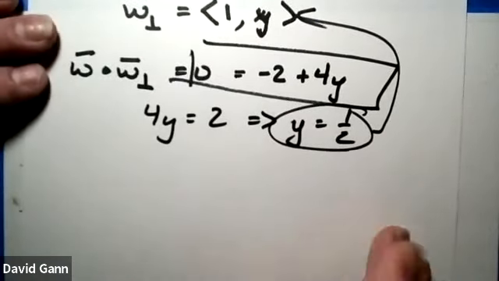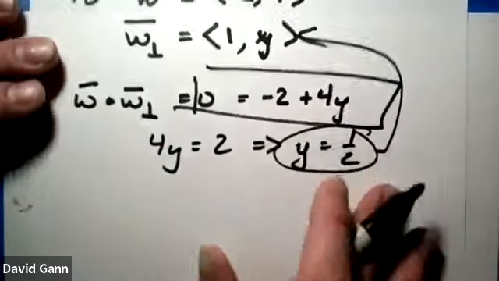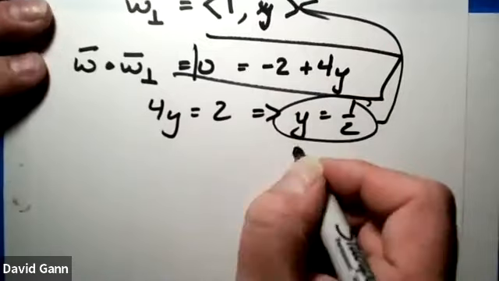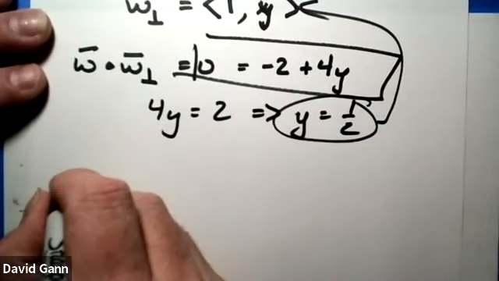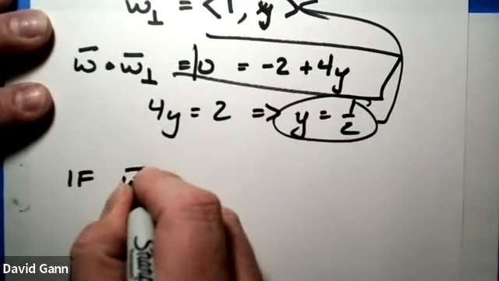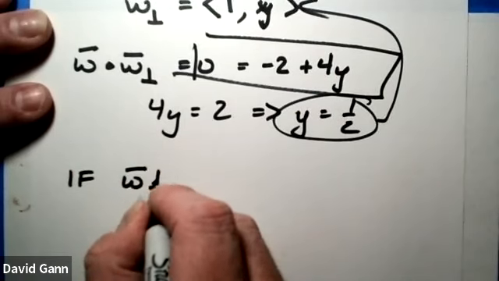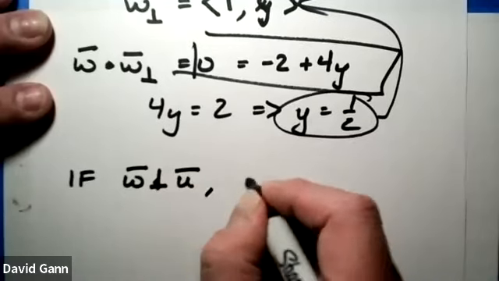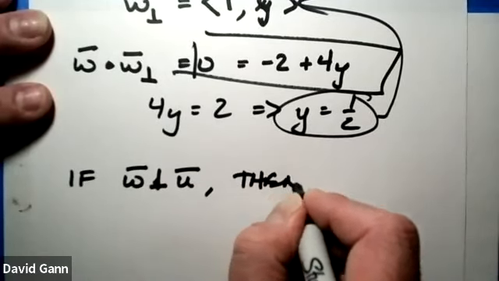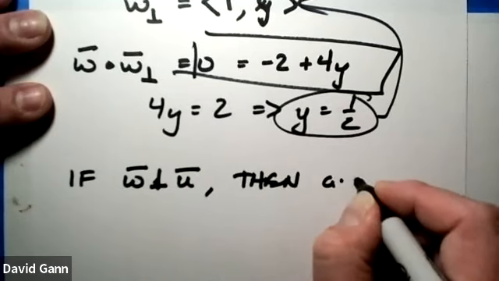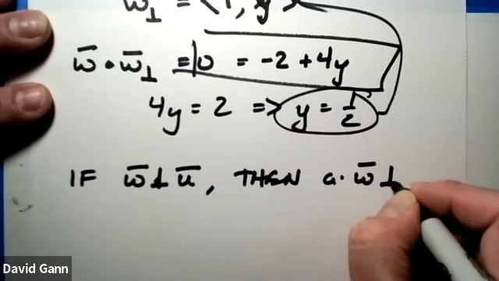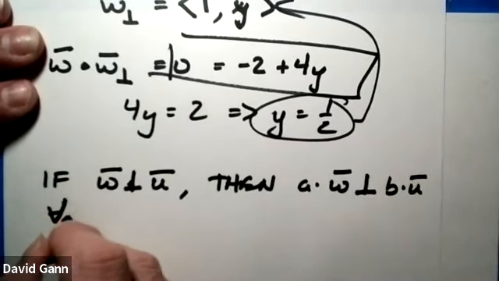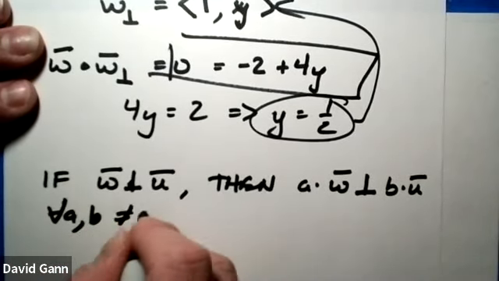If you wanted something a little bit bigger so you don't have fractions, it turns out that if W is perpendicular to the vector U, then A times W is orthogonal to B times U for all A and B not equal to 0.